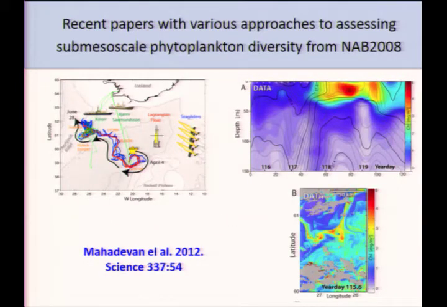And there are 3 papers that were published either this year, actually next month, and then last month and last year, that look at different aspects of community structure and come from the North Atlantic bloom cruise. And one of the points of the Mahadevan paper is the great patchiness that you see in the subpolar North Atlantic, in part based on the mechanism for setup of the bloom.